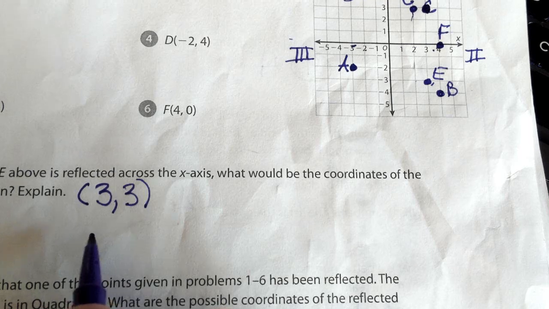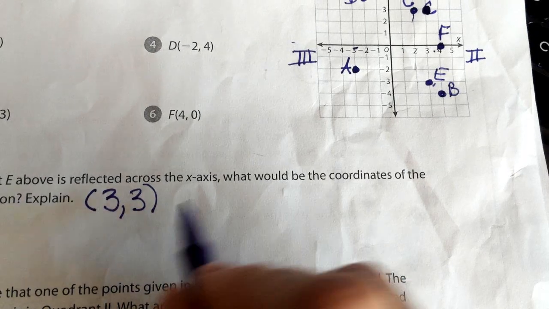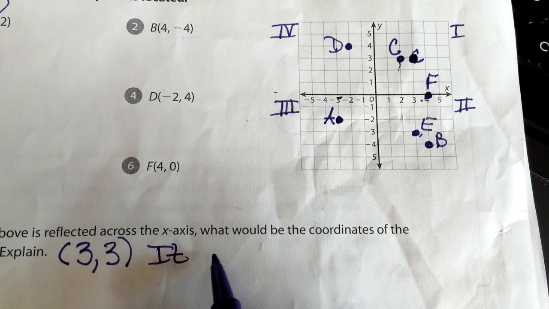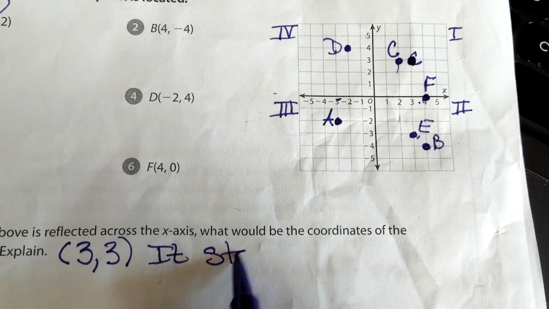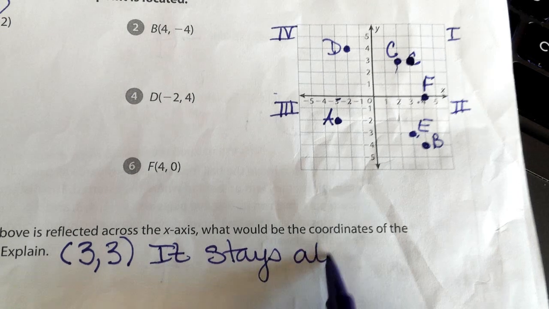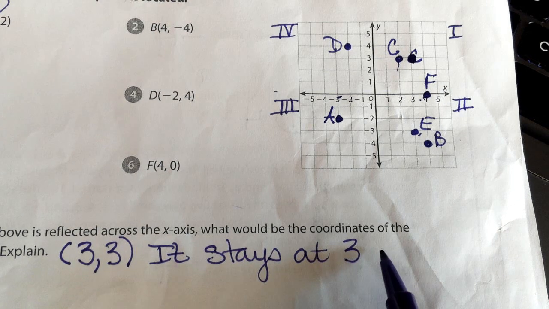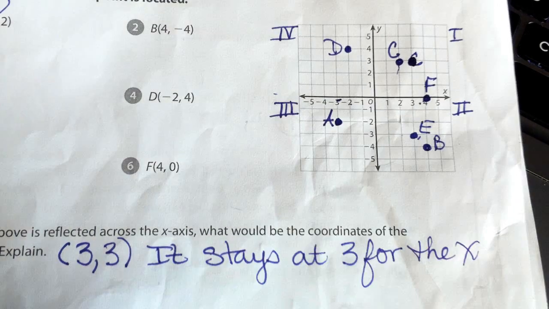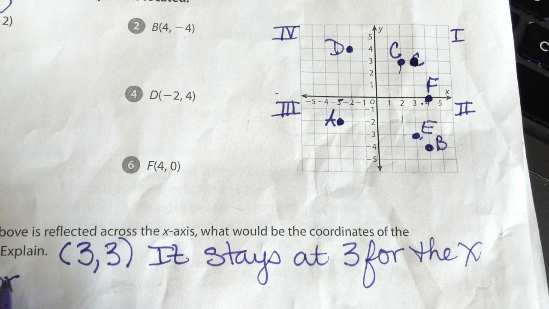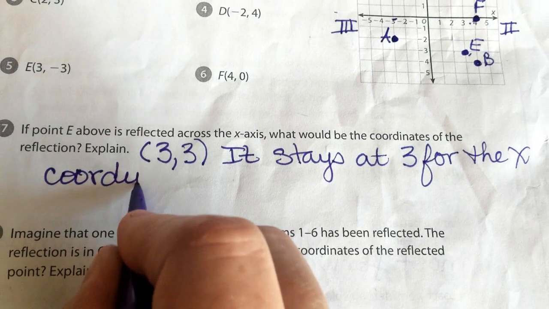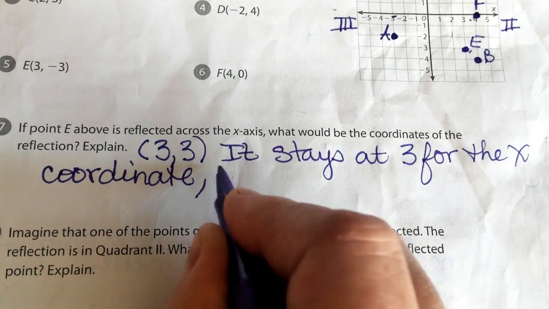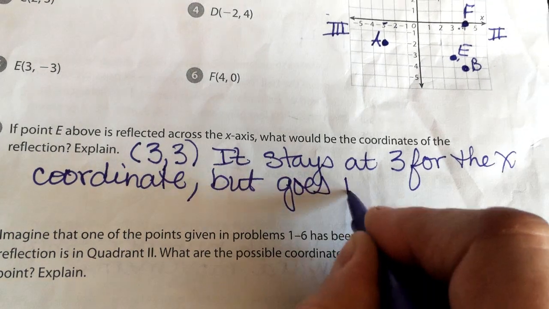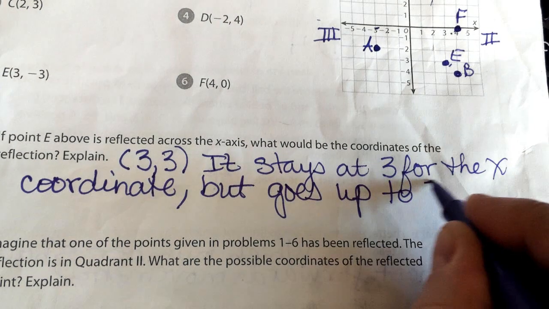And to explain that, kind of like what I explained here, it stays at 3 for the x coordinate, but goes up to 3 for the y.